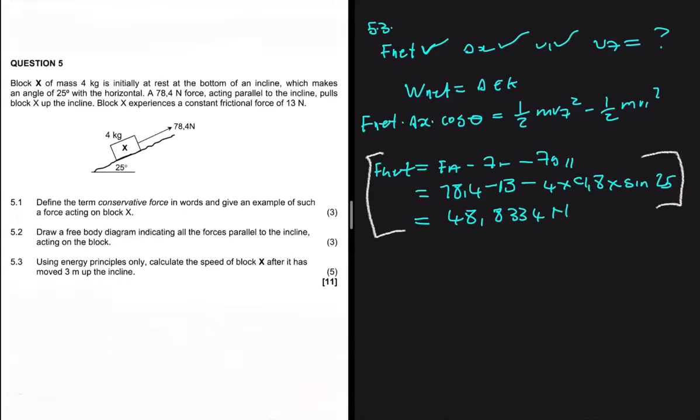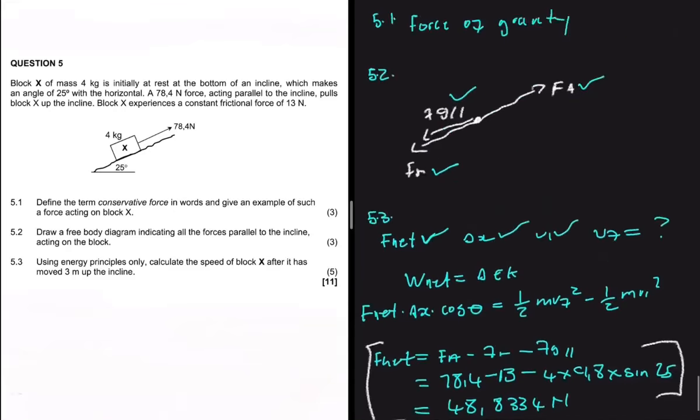So F net is 48.8334, and then delta x is 3, right? And then cos of 0. Why am I saying cos of 0? F net is positive, right? So that means that it is going up the incline, and that's where our displacement is.